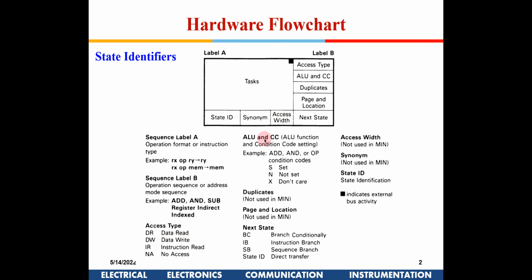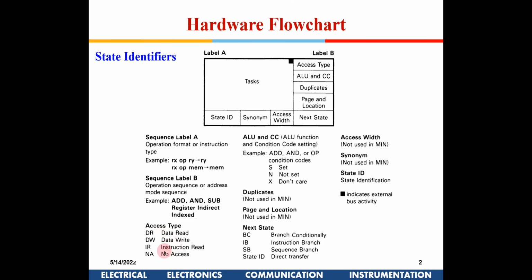Similarly, if you have to write some operation from the ALU or from one of the registers within the execution unit to the memory, in that case we have a data write operation. See, this data write doesn't mean data within the execution unit from one register to another. It is only for external memory. So this is with respect to the external memory that we need to remember.